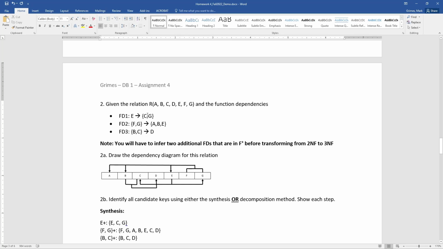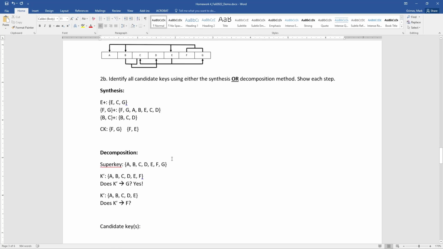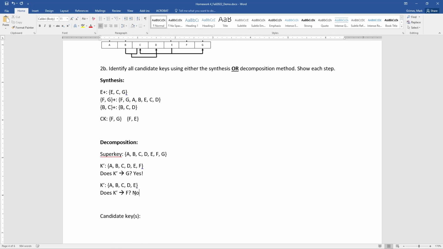None of our functional dependencies let us know the value of F. And we can see in our dependency diagram, there's nothing pointing to F, right? Nothing functionally determines F except for F in this case. So the answer here is no, meaning this is not a superkey. We need to add F back into this set of attributes to make that be a superkey.